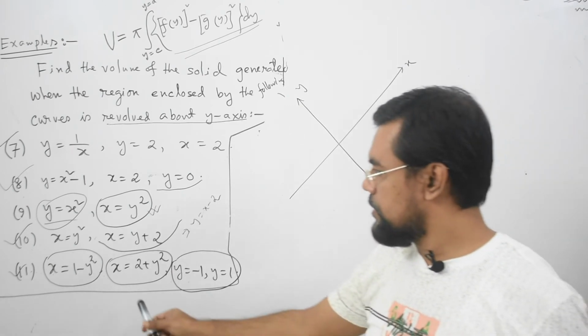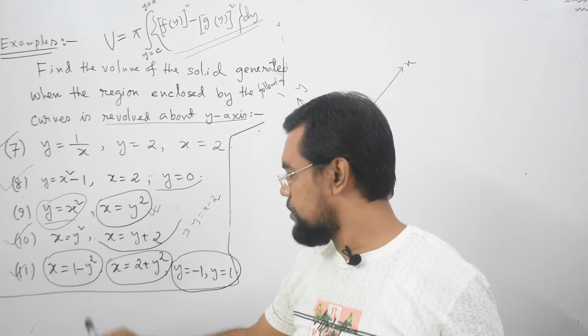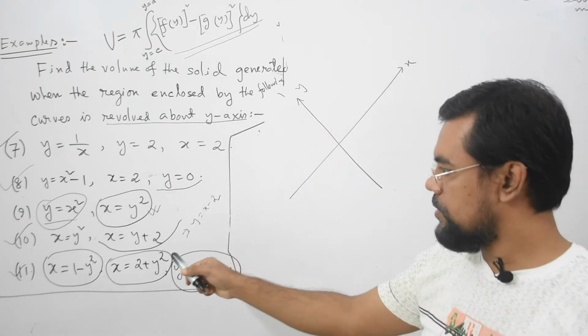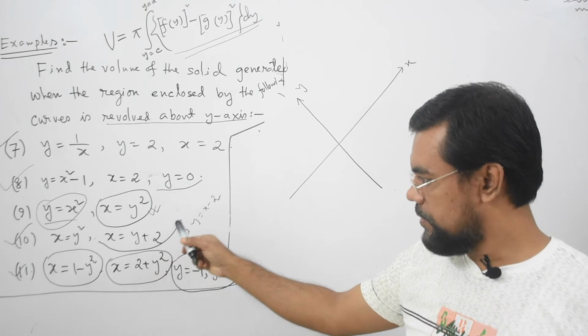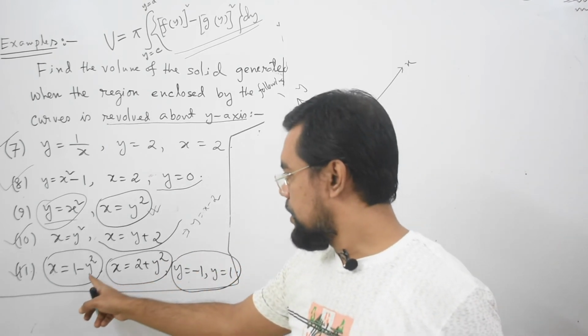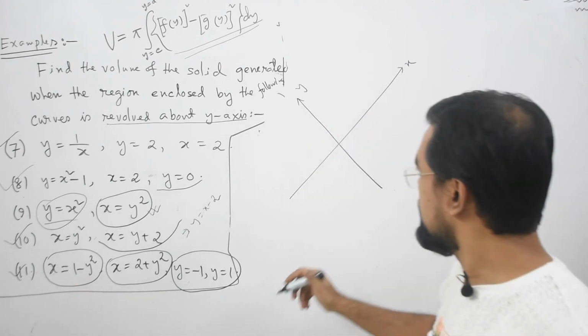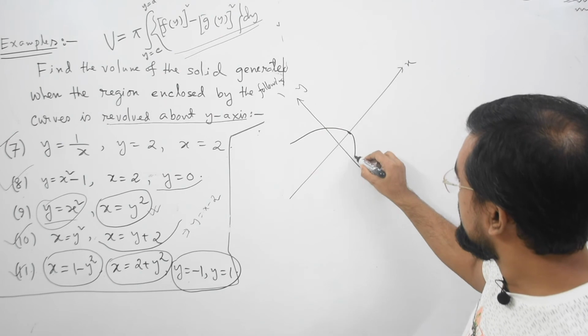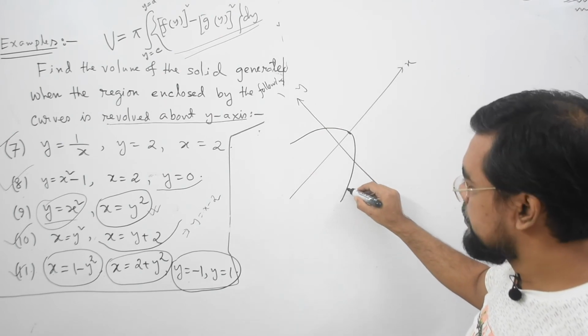The first one is x equals 1 minus y squared. We know x equals 1 minus y squared is a parabola which opens left with vertex at 0, but here the vertex will be at 1. So this one will be our graph.